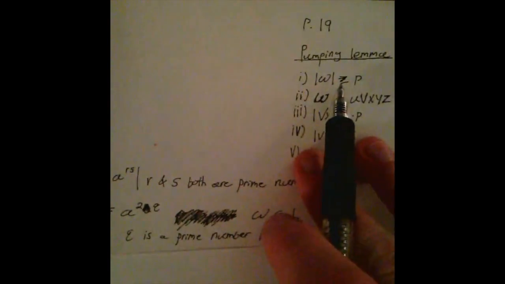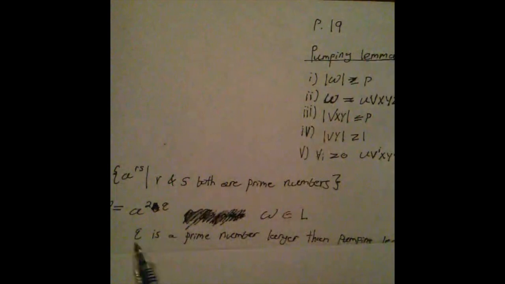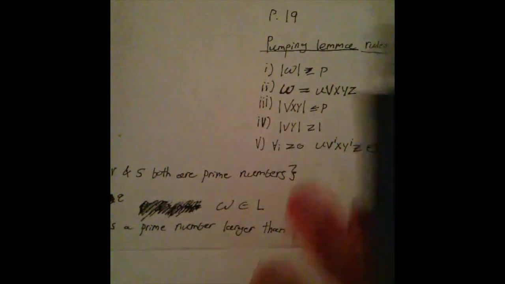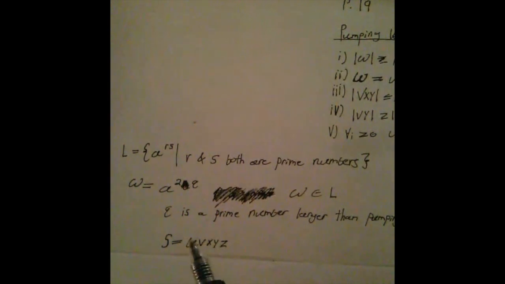So we're going to say that q is a prime number larger than the pumping length p. We can also define our substring s, or it could be omega, I wrote s this time, as being equal to u, v, x, y, z.